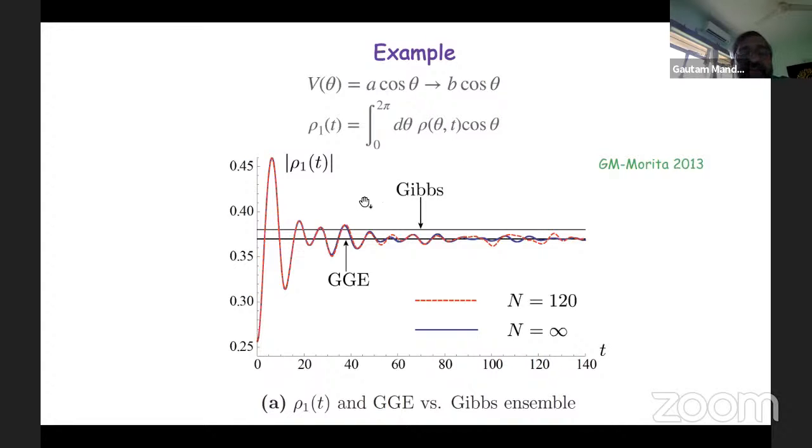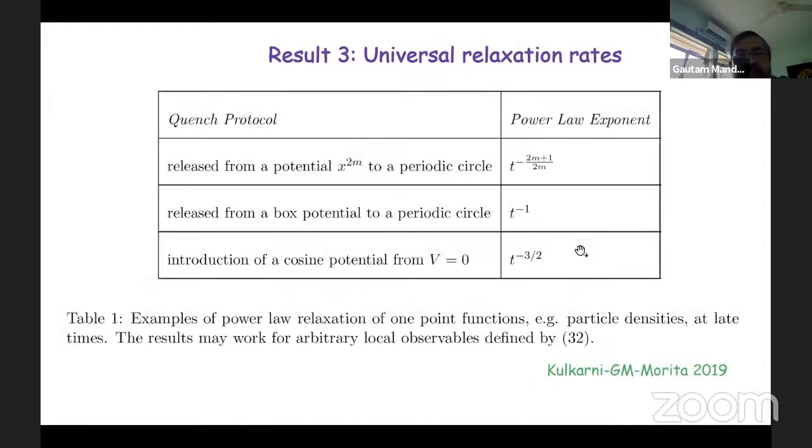Let me just say that this graph shows agreement between numerical results at n equal to 120 and n equal to infinity, which we just talked about. As you can see, our method for infinite n is in nice agreement with n equal to 120. We also have n equal to 200, so they start coinciding.